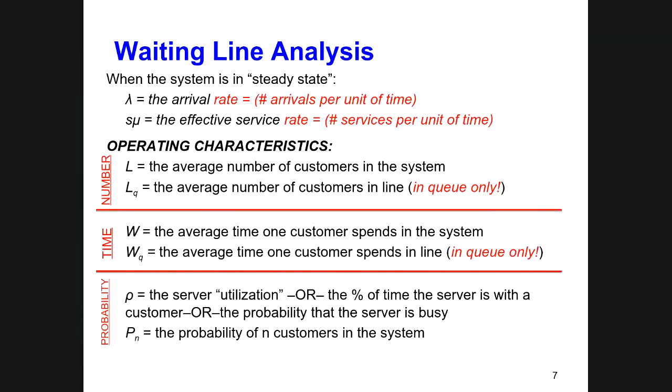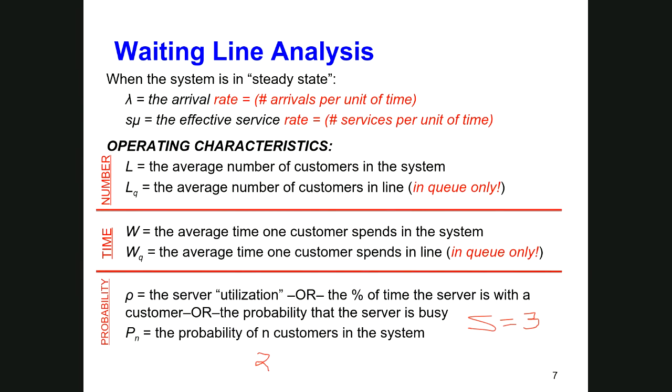So if we said there were 2 in the line, that meant 3 were in the system. Now in this case, hypothetically, let's say that we have 3 servers, and we wanted to know the probability that 2 were in the line.